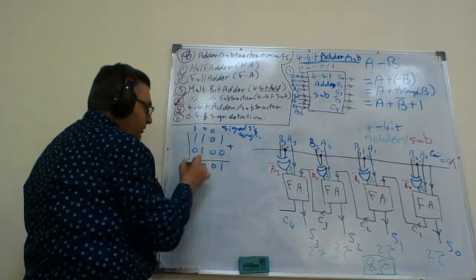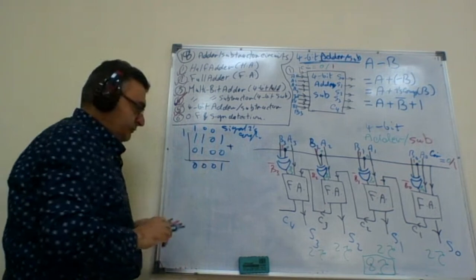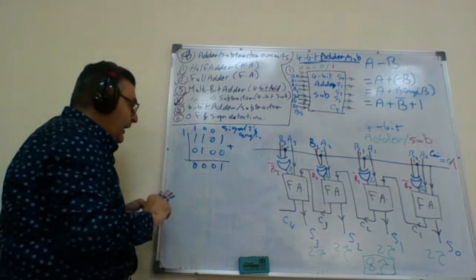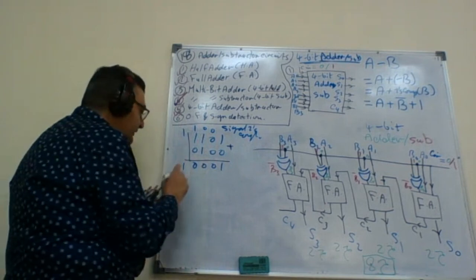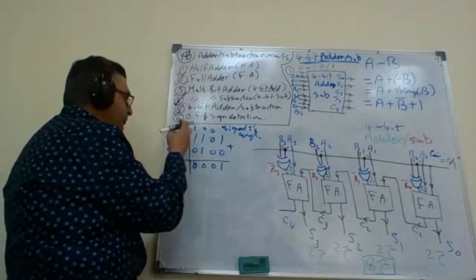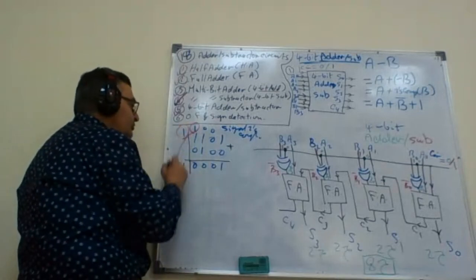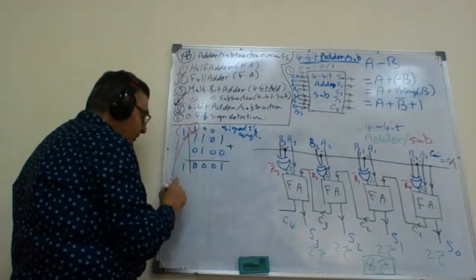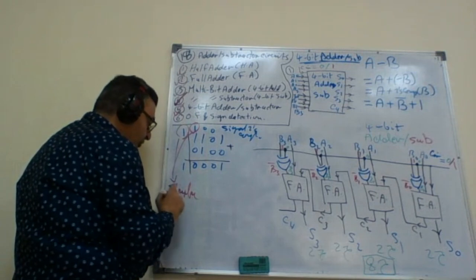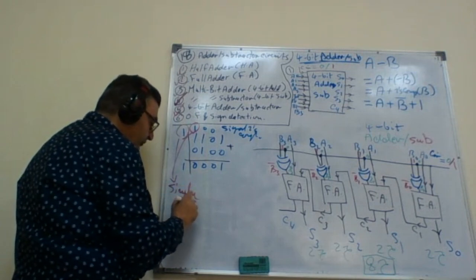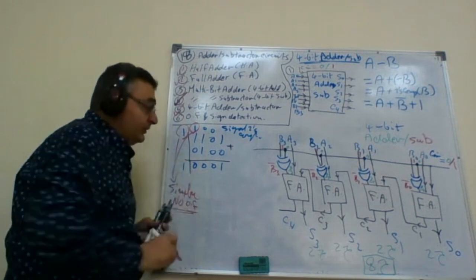We compare the last two carries. If they are similar, no overflow. If they are different, there is an overflow.